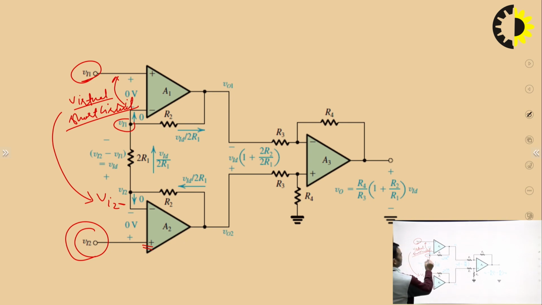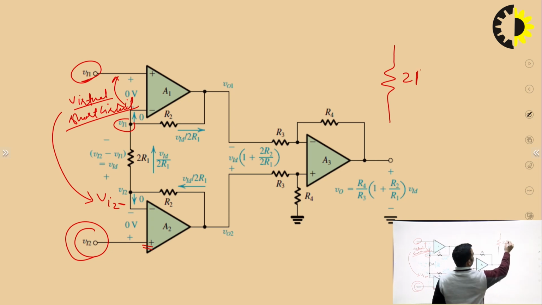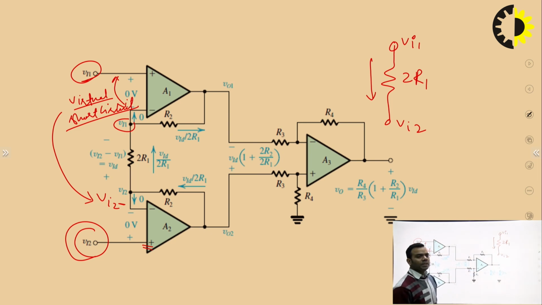See, we have one resistor like this, its value is 2R1 and this voltage is Vi1 and this voltage is Vi2. So, the current that will flow through this resistor will be equal to the difference of the potential or voltage applied across this resistor divided by 2R1.